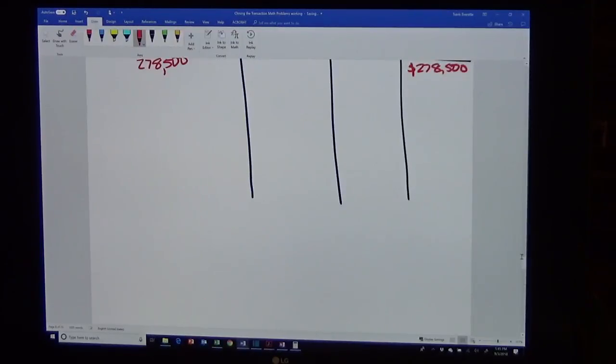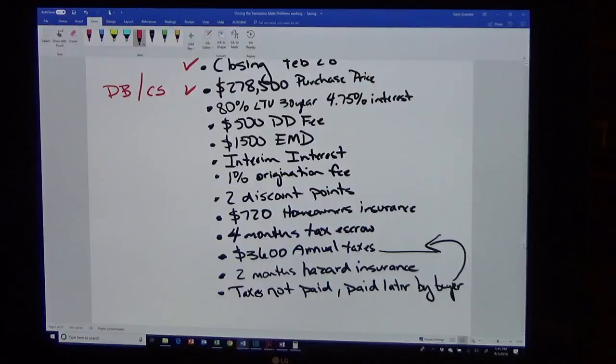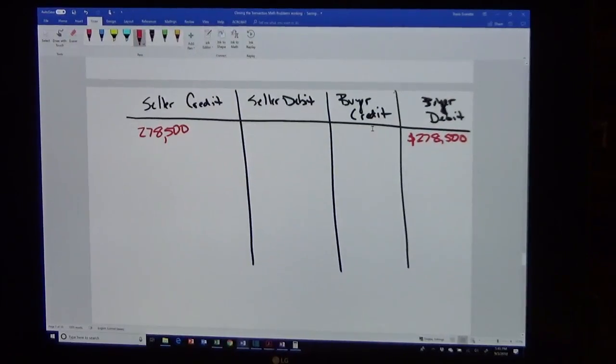I'm going to put that loan here, $222,800, and check it off because I'm going to scroll down and put it in my closing statement. And that goes in the buyer credit.